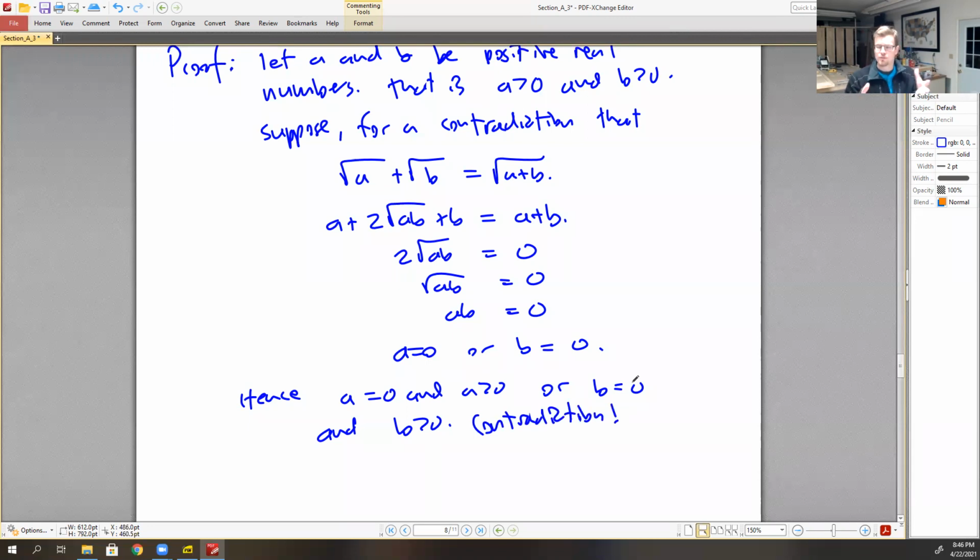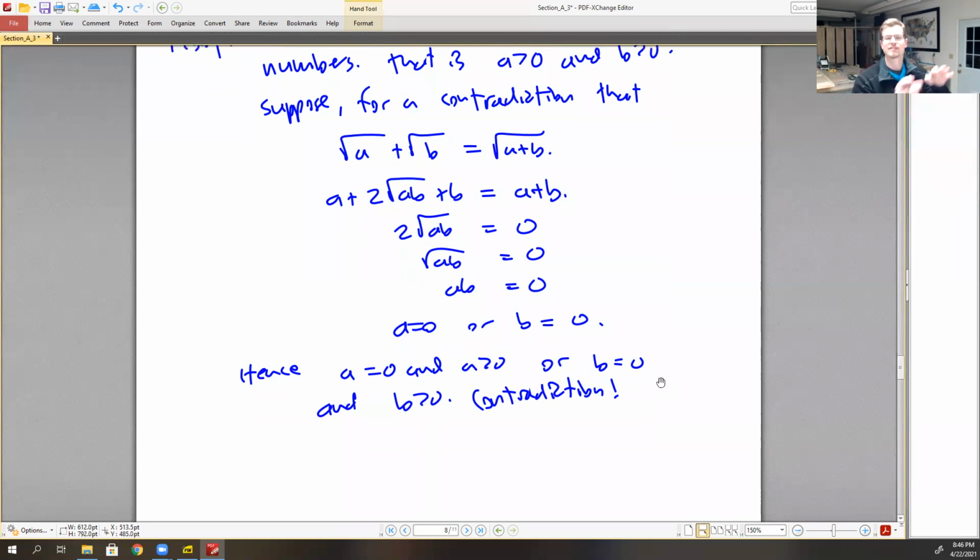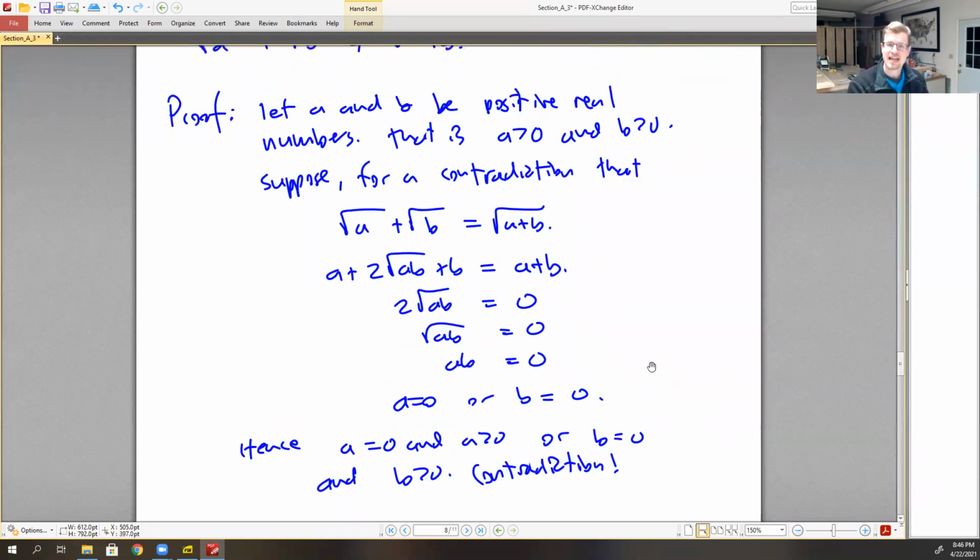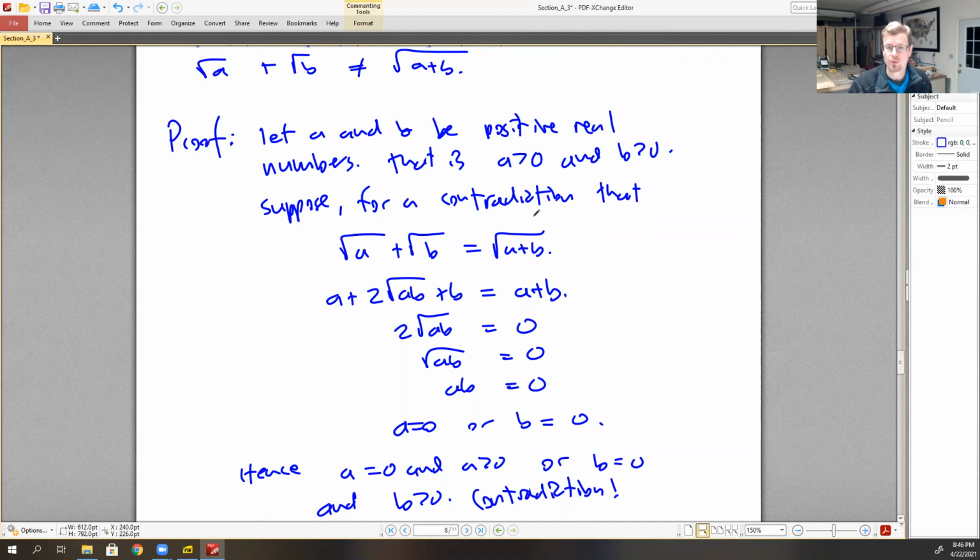If we have a contradiction, that means we have an impossible situation. This cannot happen. It doesn't matter which one we're talking about. We're saying one of these two things has to be true, but either way you go, it's a contradiction. It can't happen. So since this can't happen, then what we supposed for a contradiction must not be true.